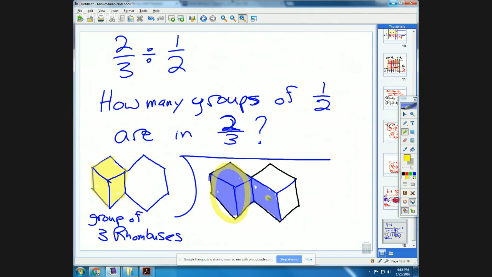So I have 1 and, how to describe that guy? 1/3, because it's 1 out of the 3 pieces I'm looking for. Yeah, so it appears that I have 1 and 1/3 of the pieces I'm looking for. So 1/2 goes into 2/3, 1 and 1/3 times.